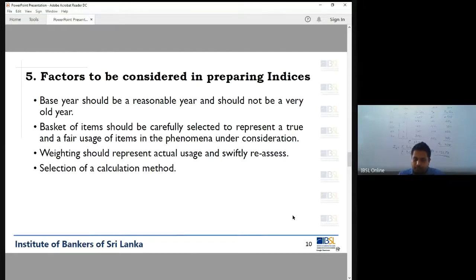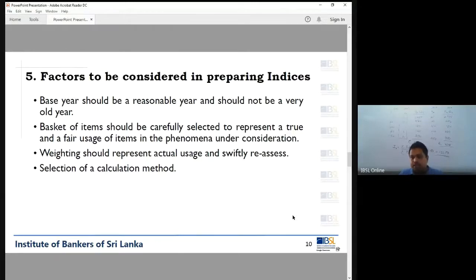But if you have been given a chance to do a computation, you have to make sure that unless you are computing a very prolonged series of data, you always have to select a reasonable year.